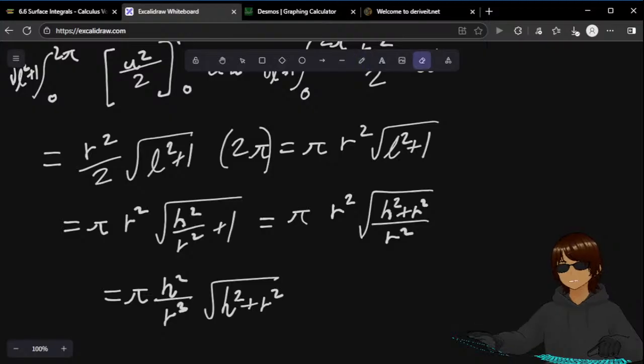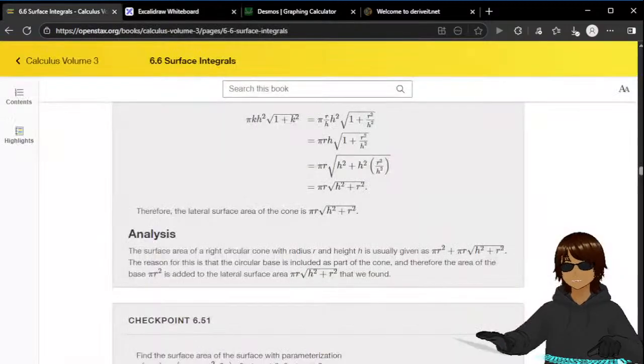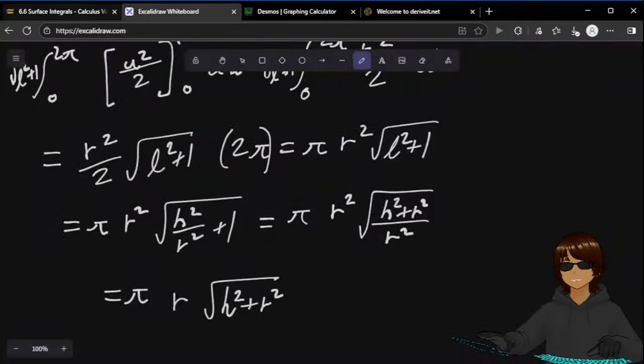And if we take the R out, we are left with R. So my derivation is correct. Lateral surface area of the cone is pi R root H square plus R square.